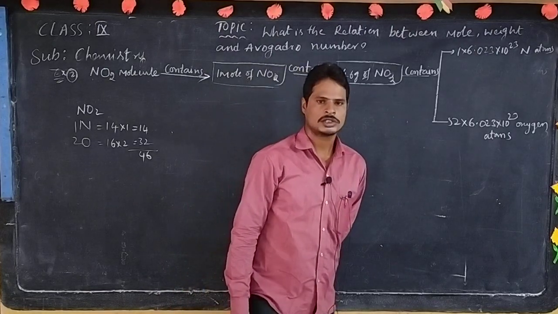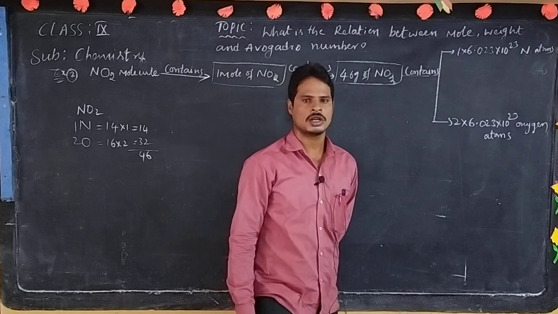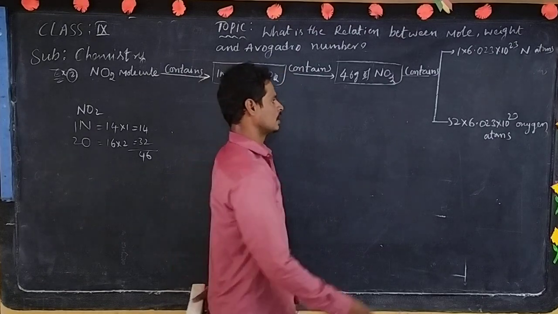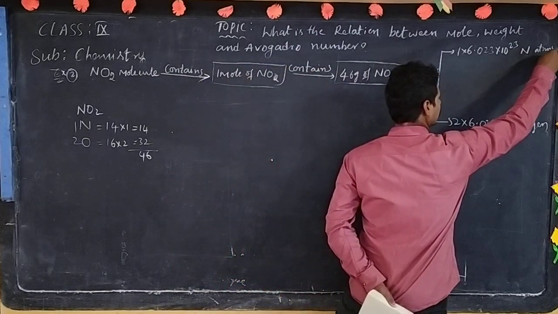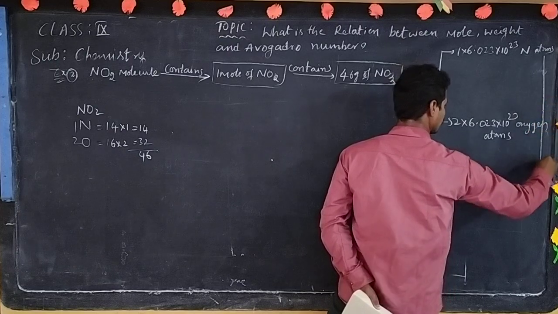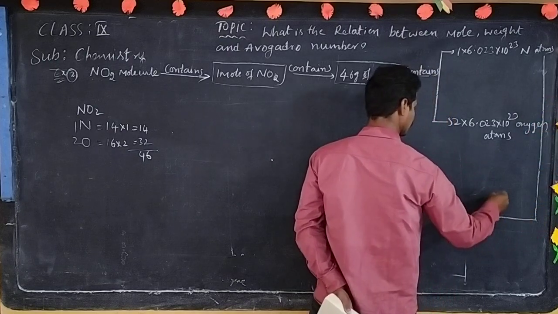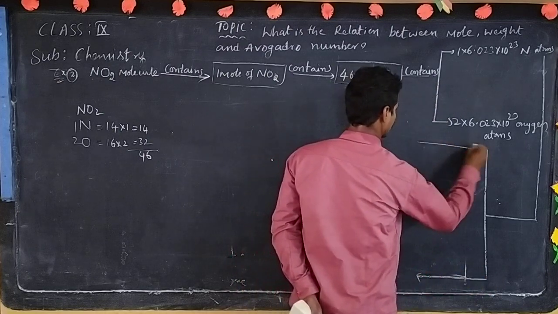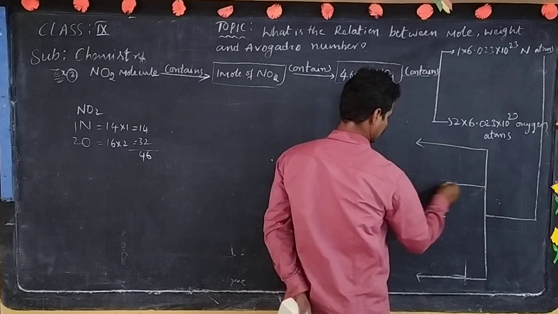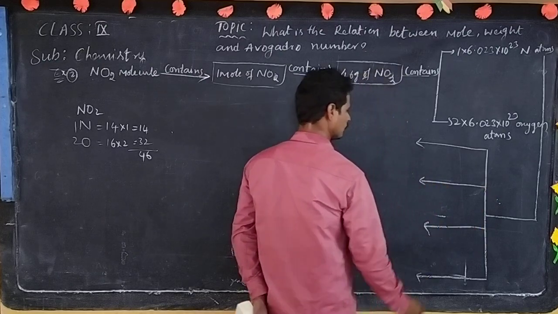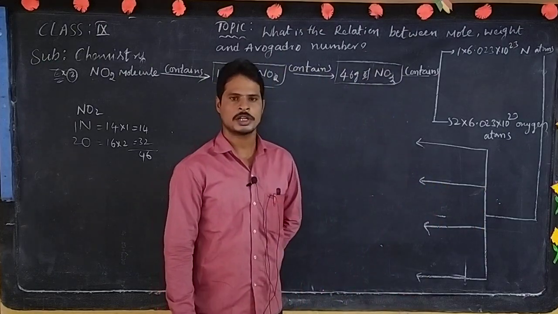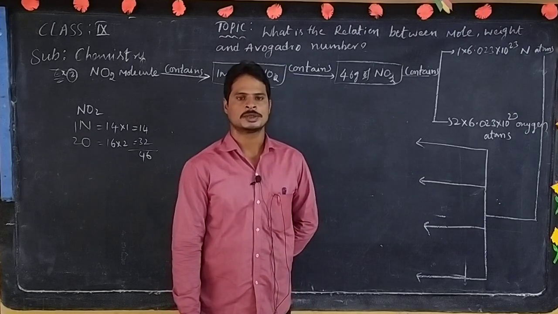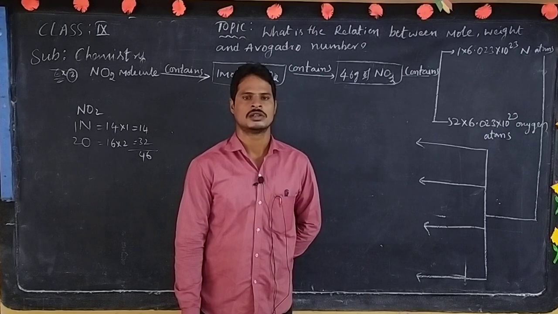So here oxygen and nitrogen contain electrons, protons and neutrons. We can check it. First you have to take nitrogen. Nitrogen atomic number, how much? 7. So what is atomic number? The number of protons present in an atom is called the atomic number.